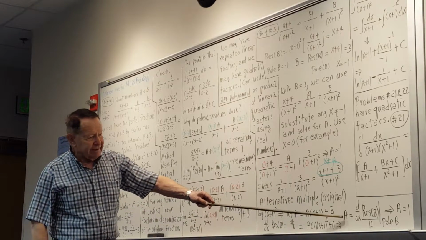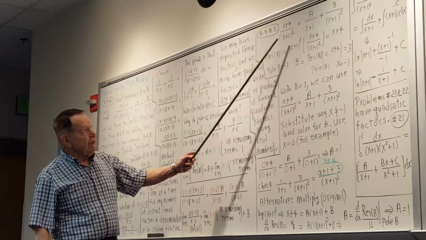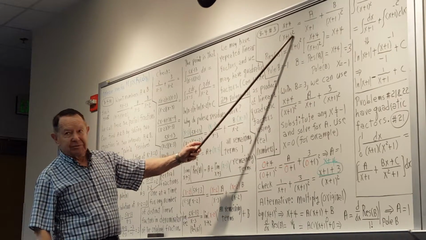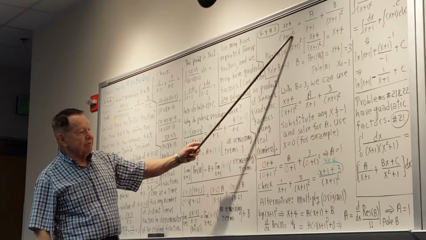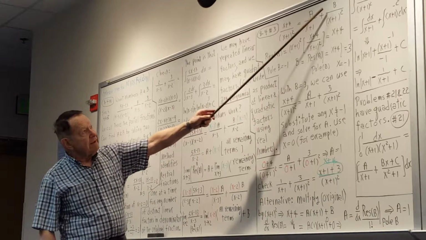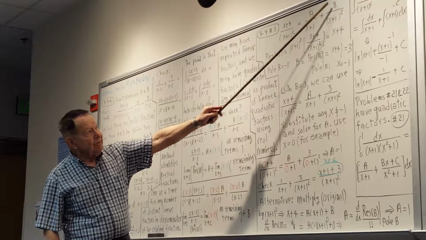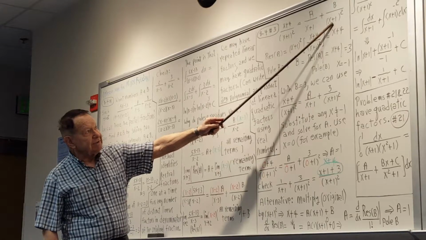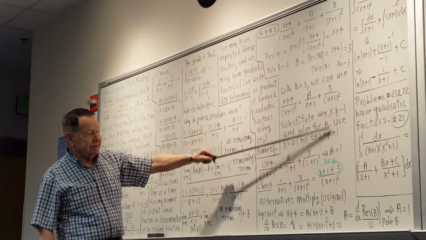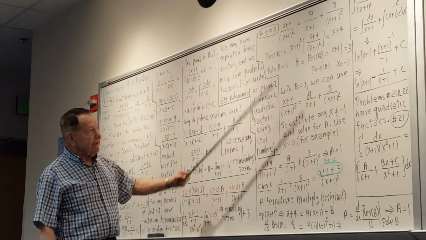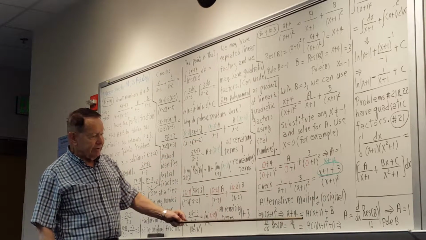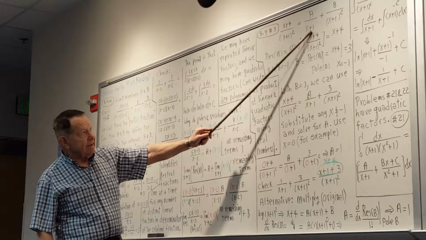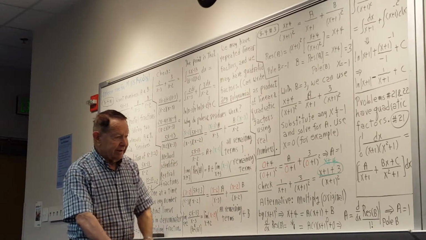So there is a formula then that if you have a repeated linear factor, and it's repeated just the one time, so it's squared, then you go for what would be the numerator of the partial fraction that has the highest power first by getting its residue, and then the derivative of the residue will be the numerator for the first power term.